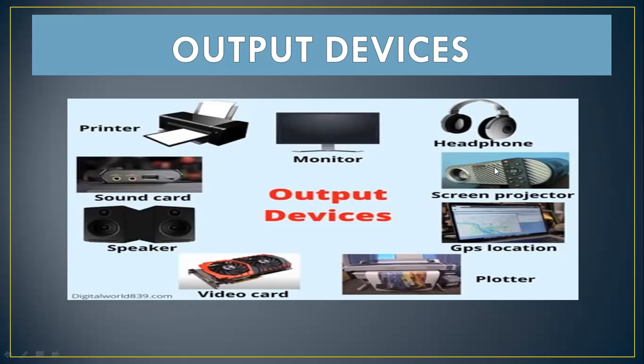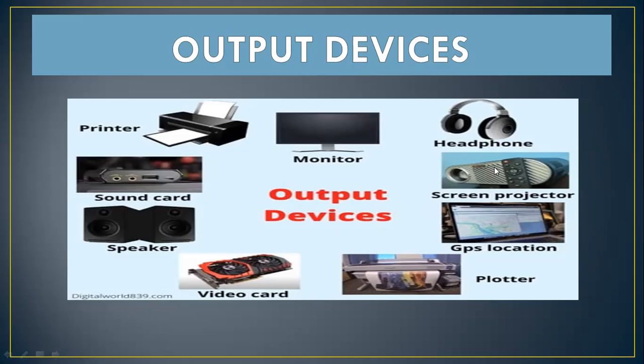When we take anything from the computer, it is an output device. For example, a speaker. The sound comes out from the computer. When we connect a speaker with the computer, the speaker takes the information from the computer and gives us sound. So the sound coming from the speaker is our output. Speaker is our output device.